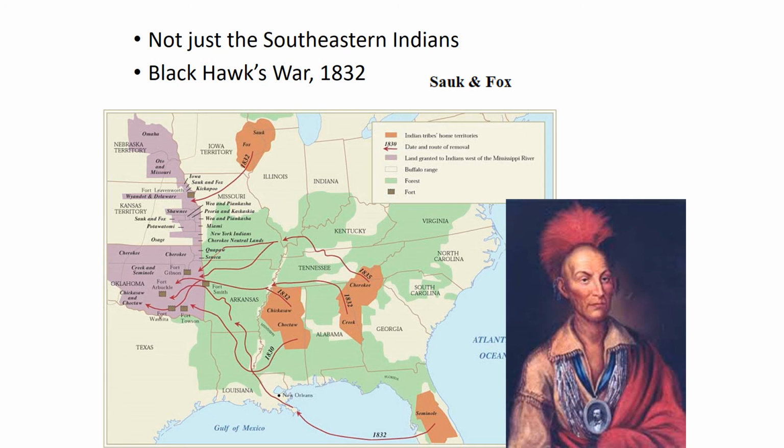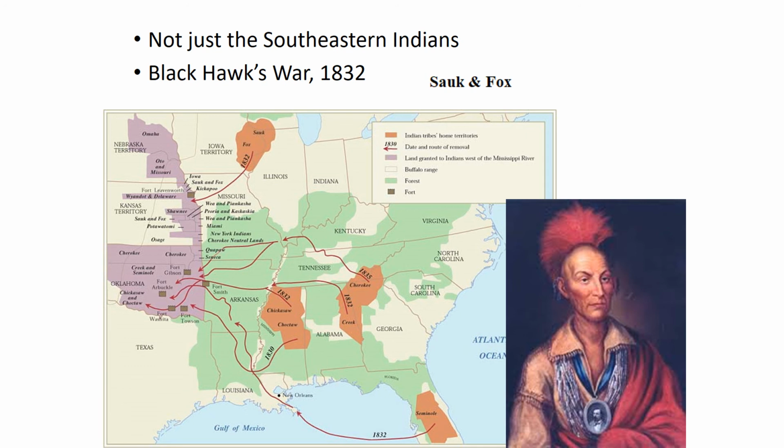Then they were told that they were going to have to leave their homeland and be removed, and they resisted, led by Chief Black Hawk in what is known as Black Hawk's War, mostly up there in the Illinois, Iowa, Wisconsin area.